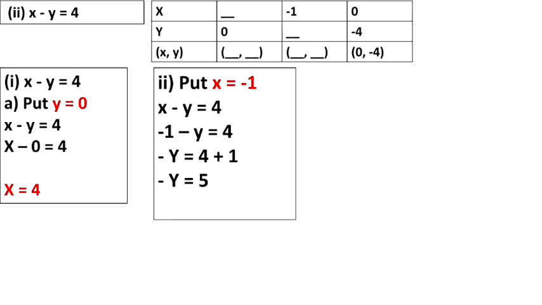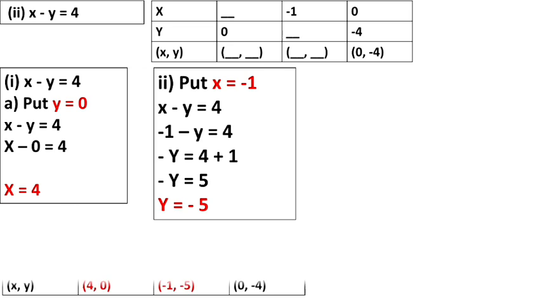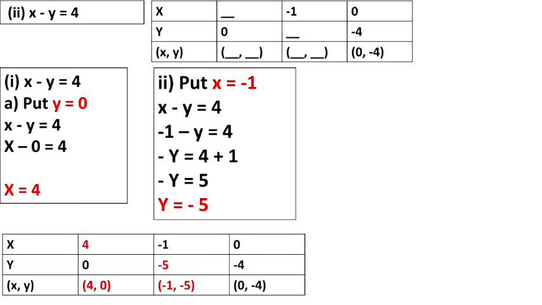So the negative sign will go to the left side. Minus y will go to the right side and 5 will come to the left side. The 5 becomes minus 5. Therefore y equal to minus 5. It means our x, y value is, x value is minus 1 and y value is minus 5. So here with the red color I have highlighted the answer.